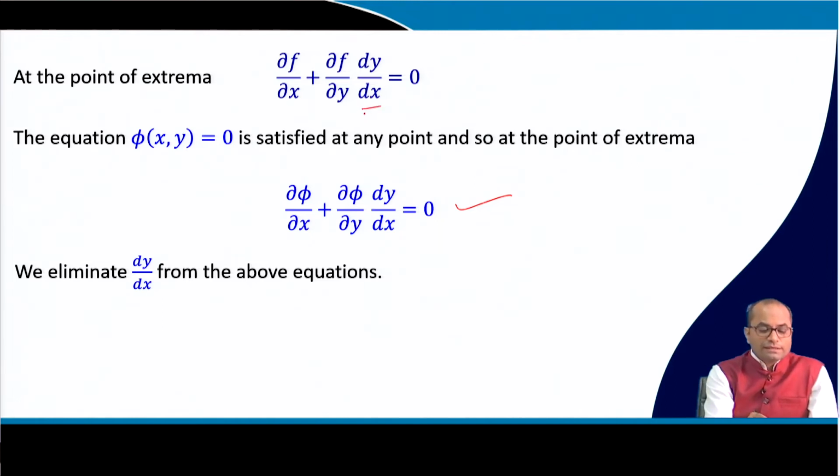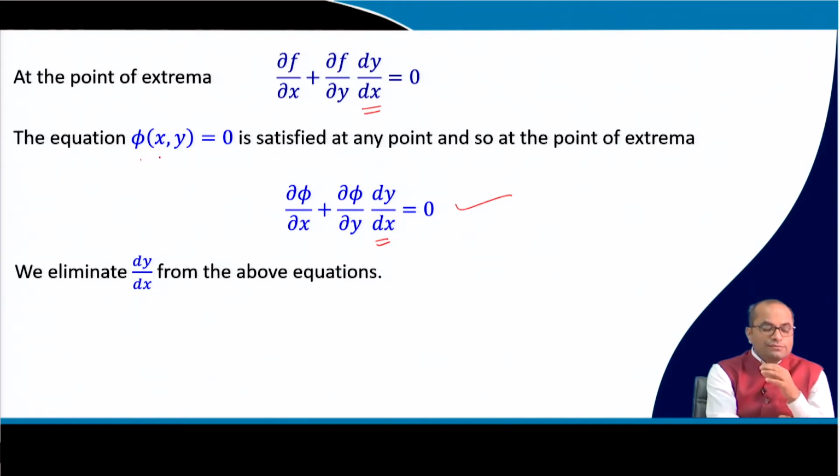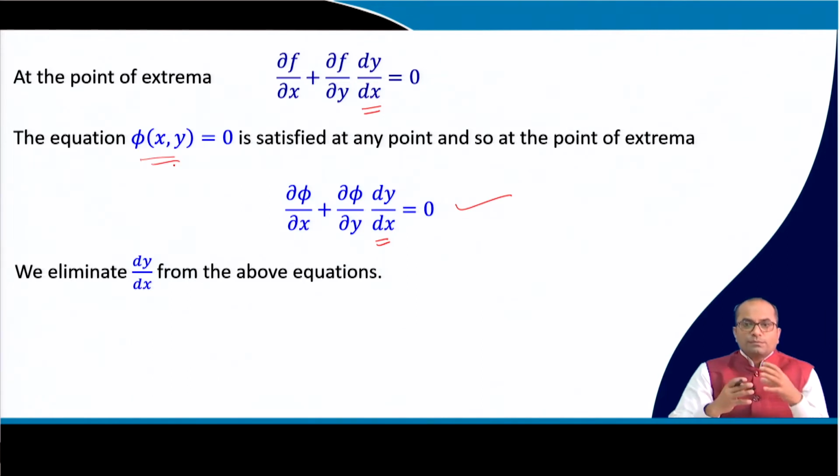We have dy over dx in this equation also, but at the end we do not want to see this dy over dx calculation. We have two functions, f(x,y) and phi(x,y), and the partial derivatives of phi and f with respect to x and y should all come into the calculation of the points of extrema.